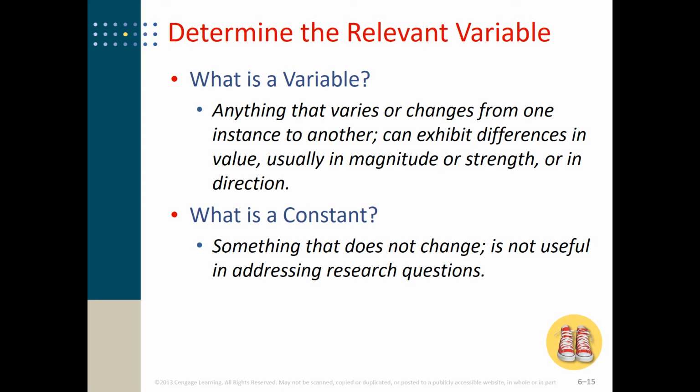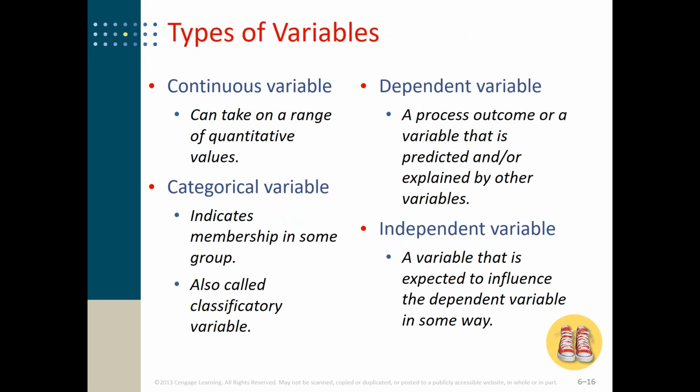The researcher is interested in variables because they change, so they are likely to have an impact on the research issue. There are different types of variables: continuous variable, categorical variable, dependent variable, and independent variable. Continuous and categorical is one classification, and dependent and independent is another classification.